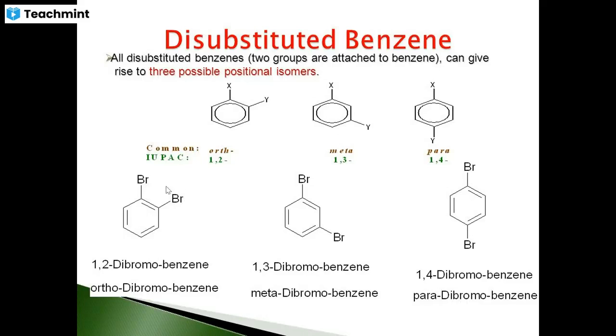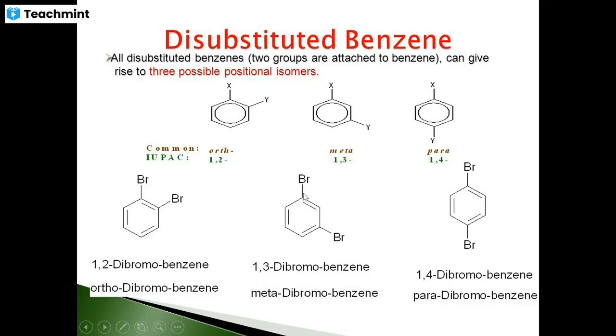We mention the ortho position, and here dibromo, because we need to show which substituents are present at the ortho position. So the IUPAC name is 1,2-dibromobenzene, and the common name is ortho-dibromobenzene.